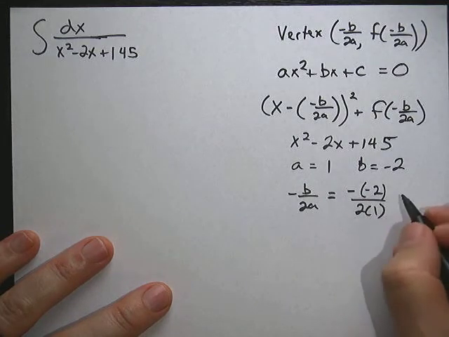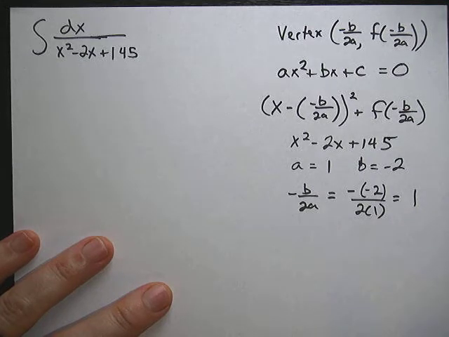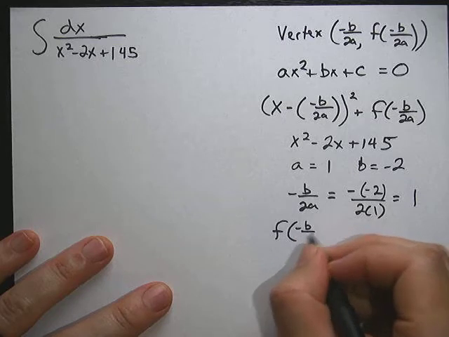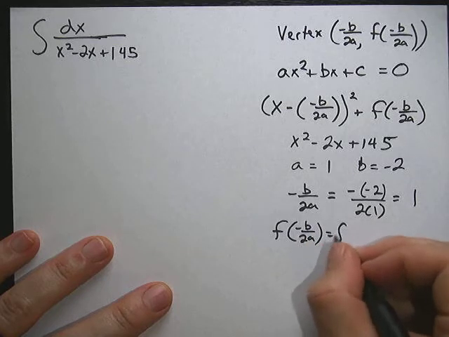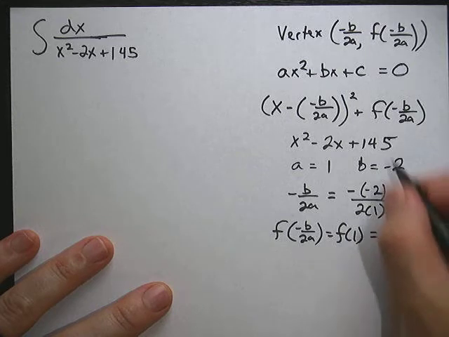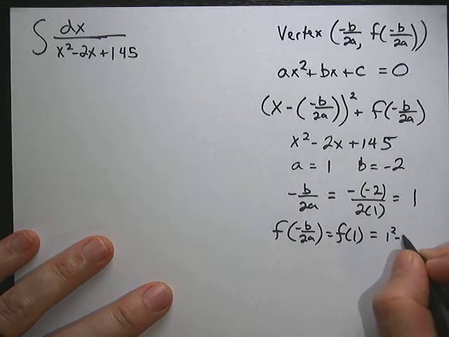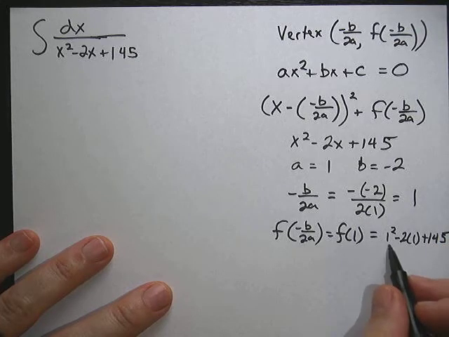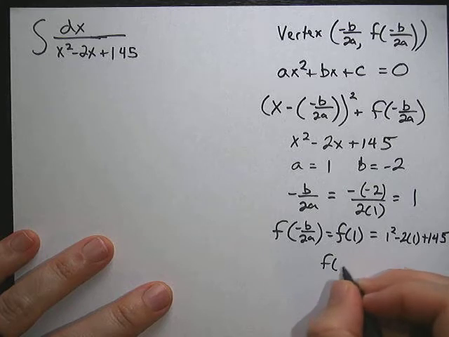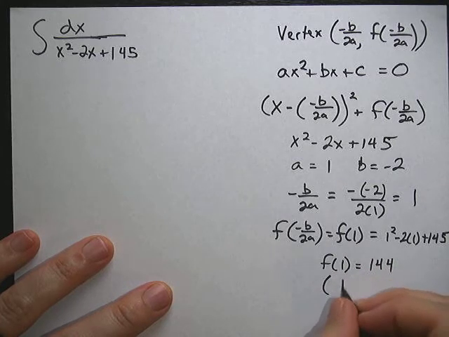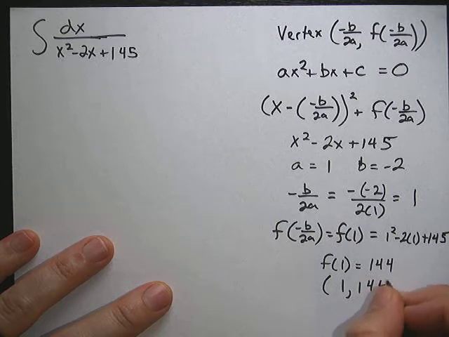Negatives cancel, 2's cancel, that's equal to 1. f of negative b over 2a, which is f of 1, is 1 squared minus 2 times 1 plus 145. 1 minus 2 is negative 1, so f of 1 is equal to 144. So our vertex is 1 comma 144.